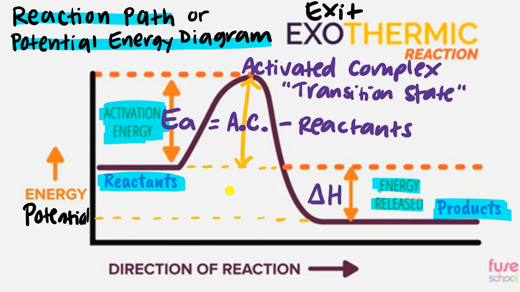We'll call it delta H, or the change in enthalpy. And that is equal to the products minus the reactants. And I'm just going to abbreviate here, P minus R. And that's going to give us that distance between the products and the reactants, which is, in technical terms, this value called delta H, or a change in enthalpy.